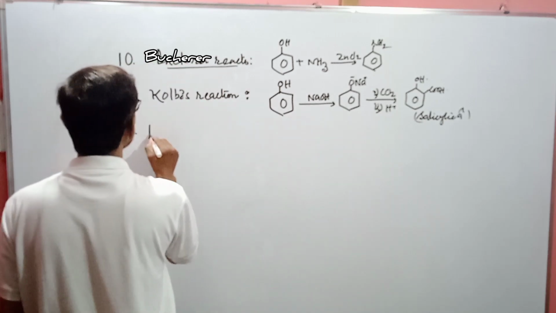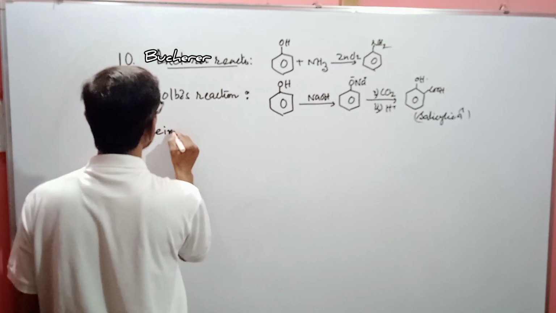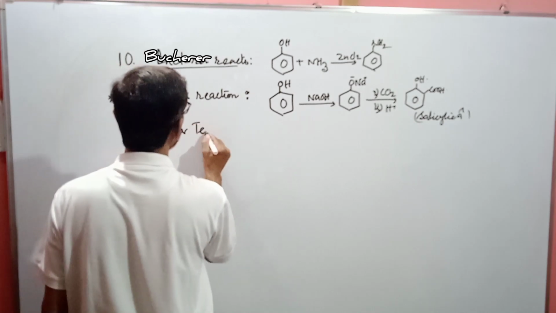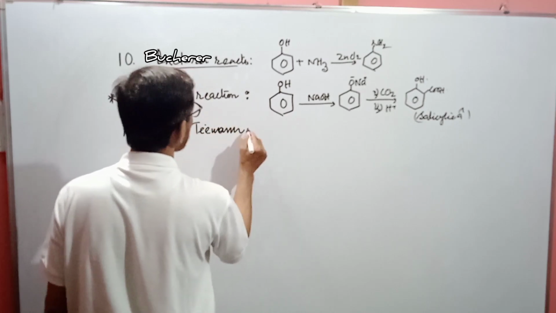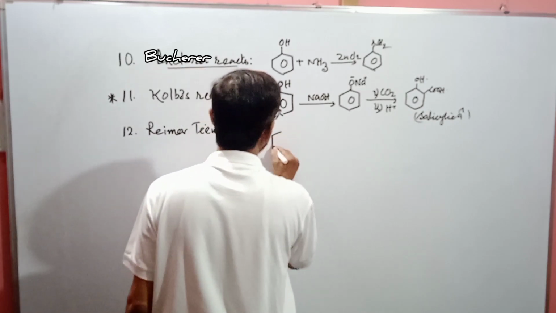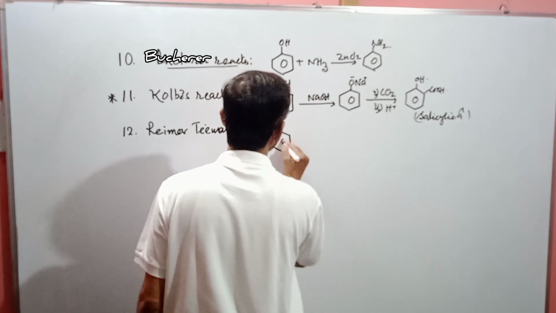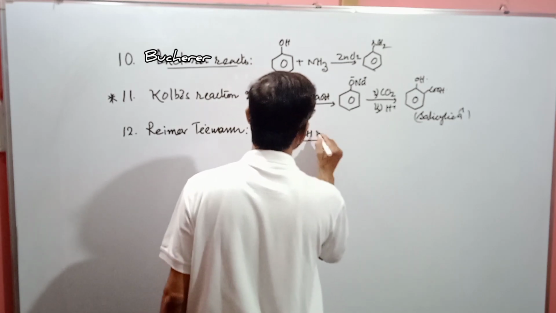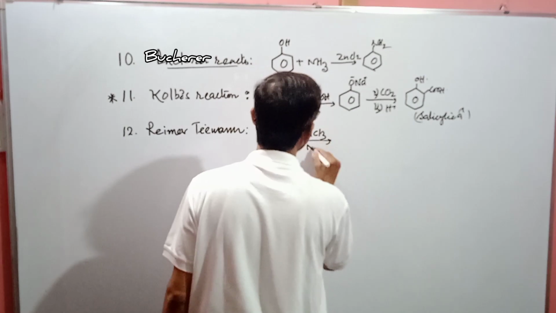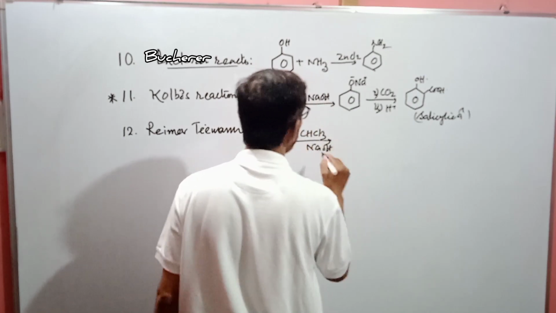Number 12, Reimer-Tiemann reaction. Phenol, chloroform, sodium hydroxide or potassium hydroxide.